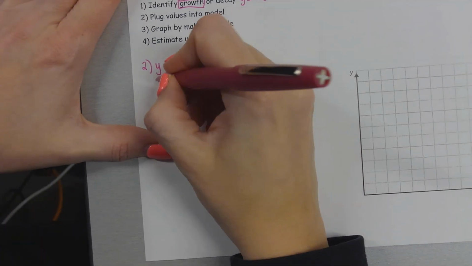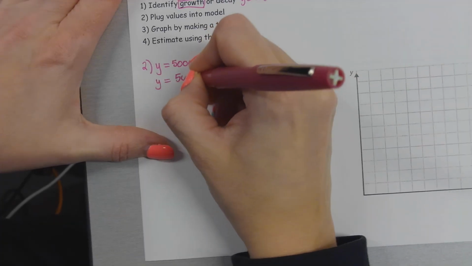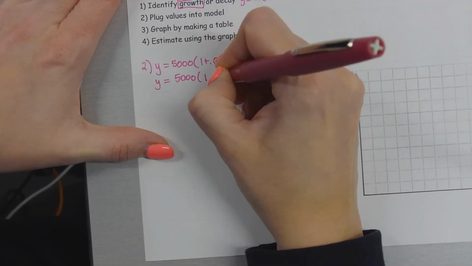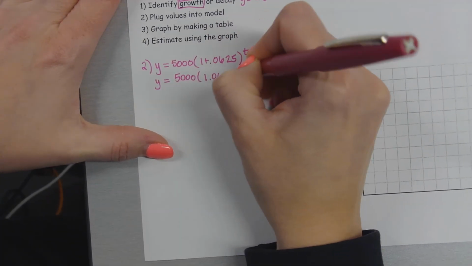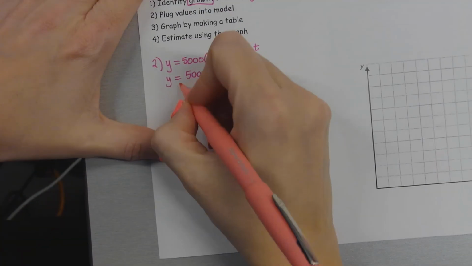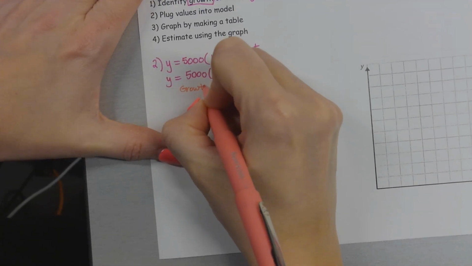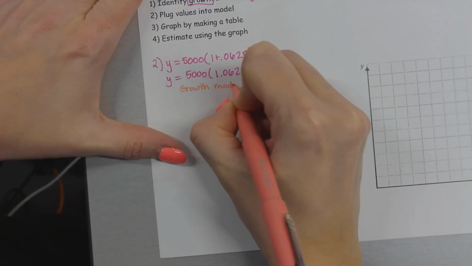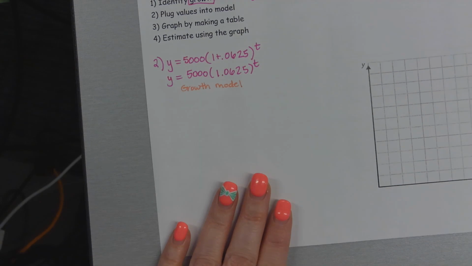So what you guys are going to be graphing is this. You can add the 1 to that. That is called your growth model. So sometimes they might ask you, write a growth model. That's why I want you to label this.